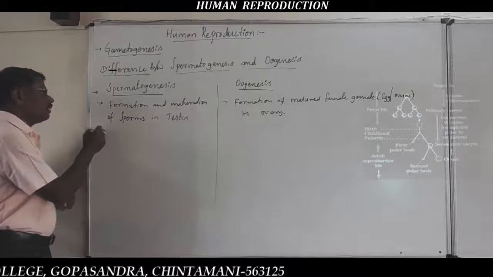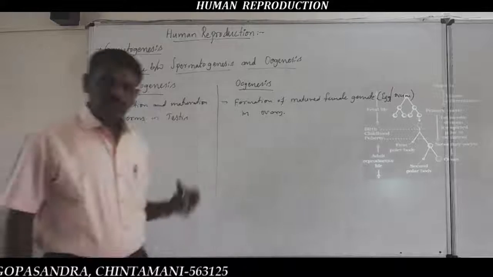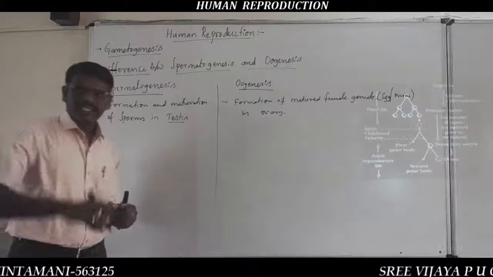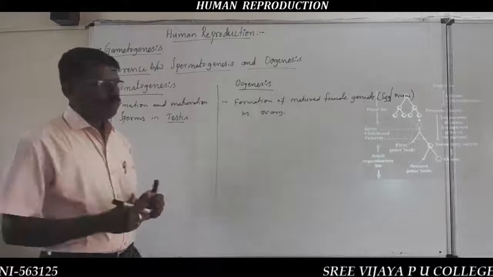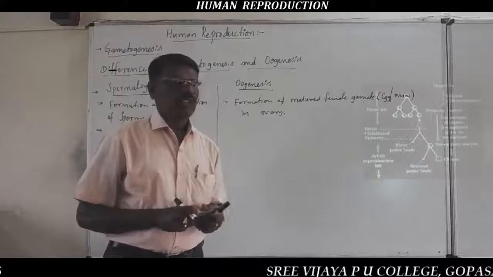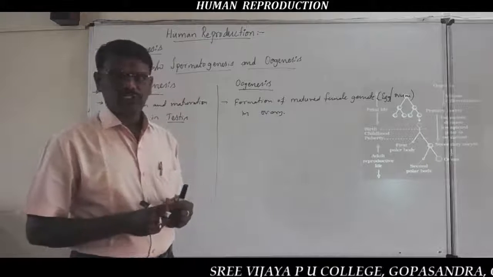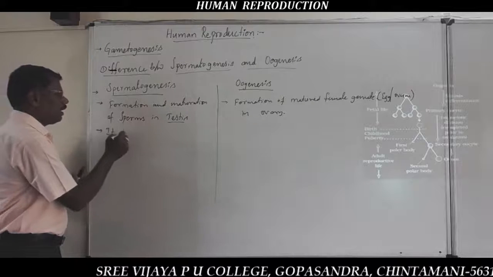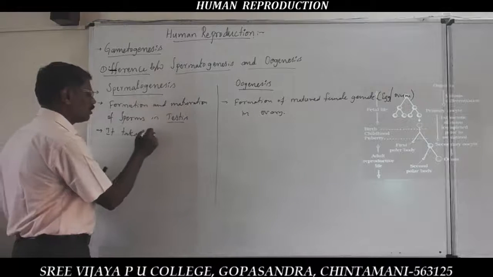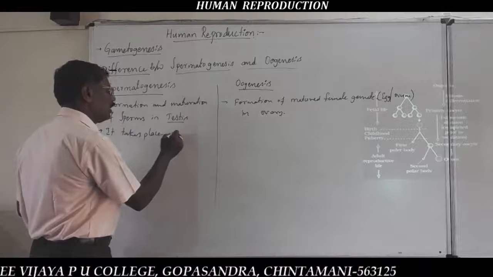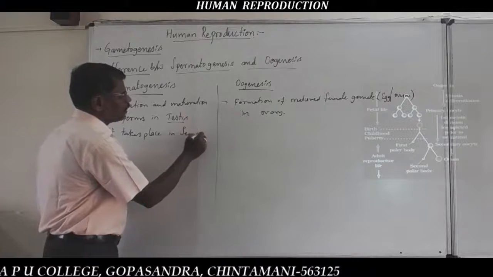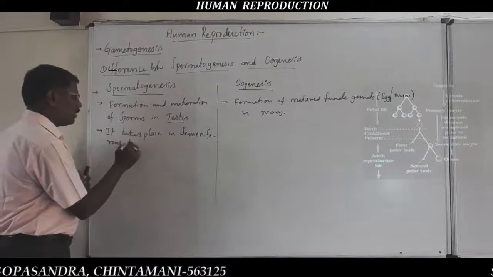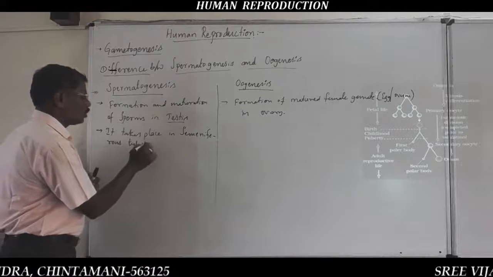Second one, spermatogenesis takes place in testis, isn't it? In the testis, there are testicular lobules, and in those testicular lobules there are seminiferous tubules. So it takes place in seminiferous tubules.